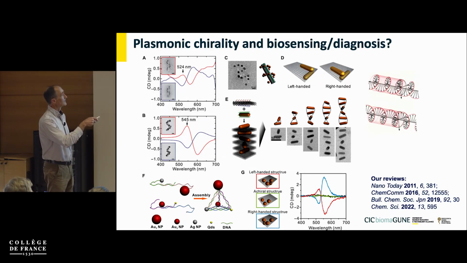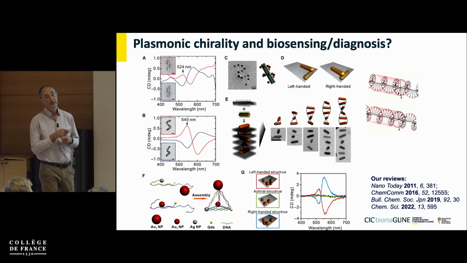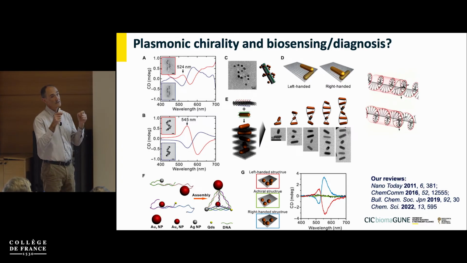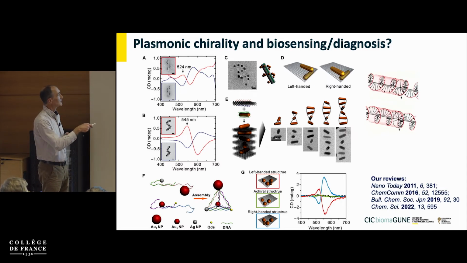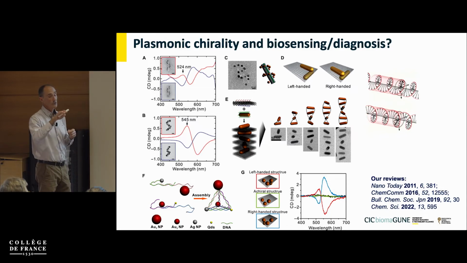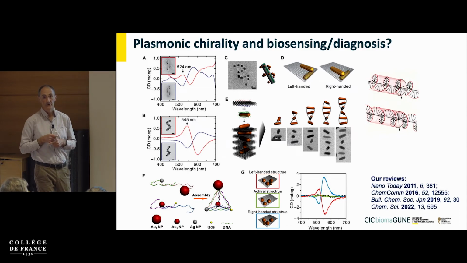For example, people have used mainly DNA origami, which can be functionalized, and then you can bind particles to specific spots and create, for example, helices of spheres, or these rotating ladders of nanorods.